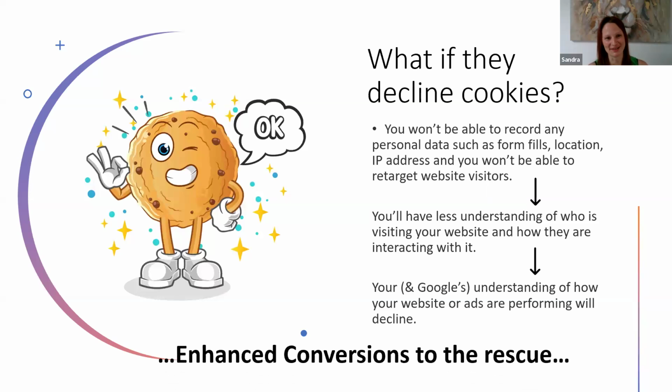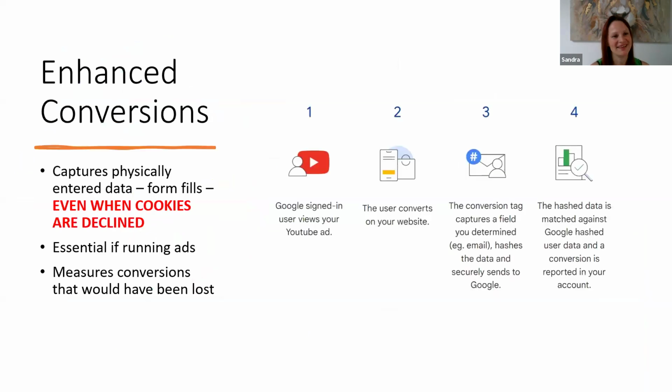Enhanced conversions to the rescue. Enhanced conversions enables you to capture the data even when the cookies are declined. It's the only way at the moment that I know of that you can do it. Essentially, what it does is if somebody is signed in with their Google profile, which most people don't ever sign out of, if they just open their browser and they're already automatically in their profile, if they then click on your ad, go to your website, and then carry out an action, so they'll fill in a form, they'll put any of their data in, that data is hashed and it's sent anonymously to Google.